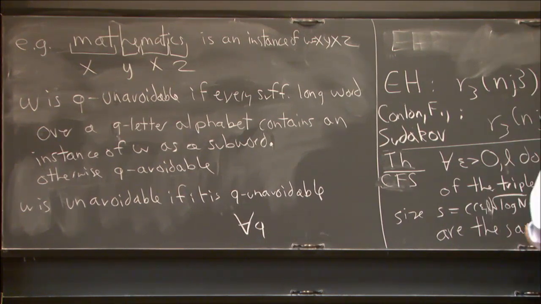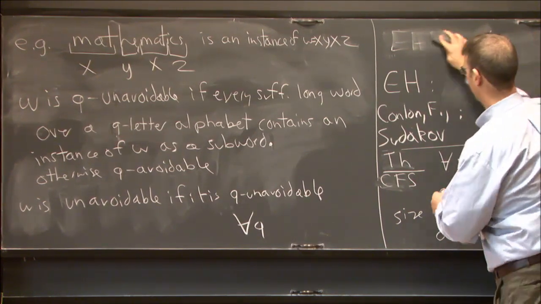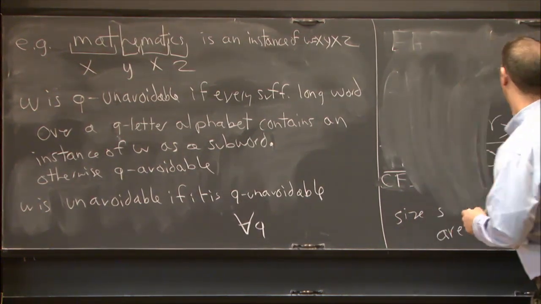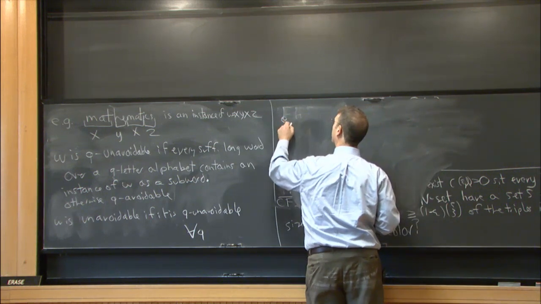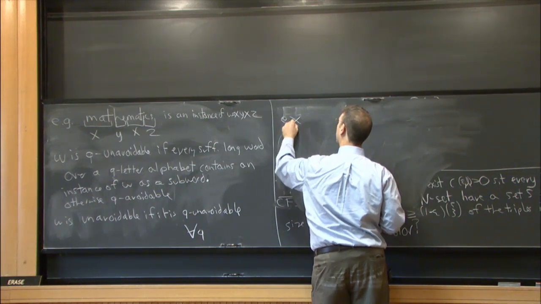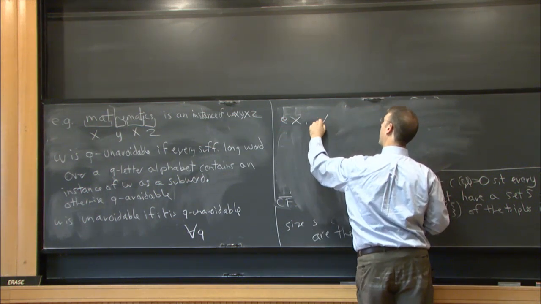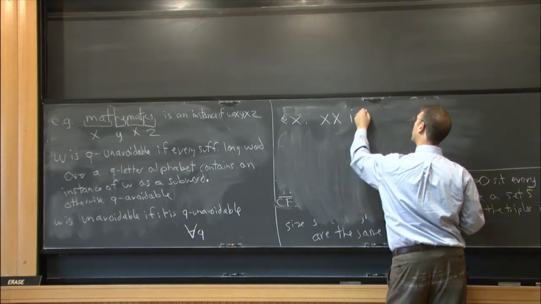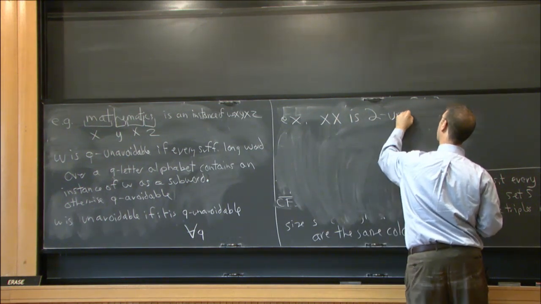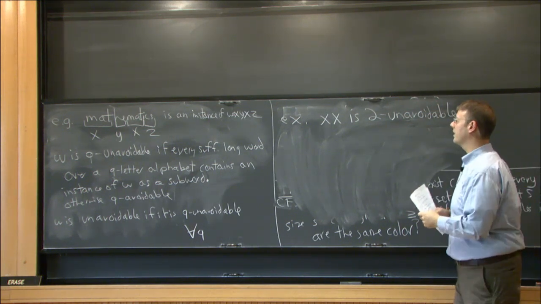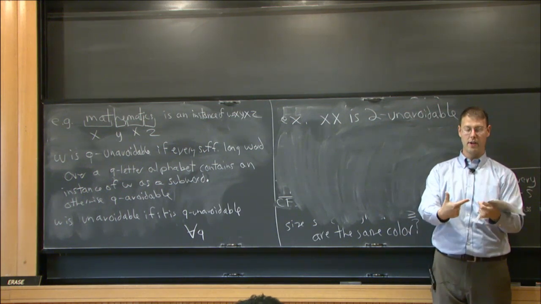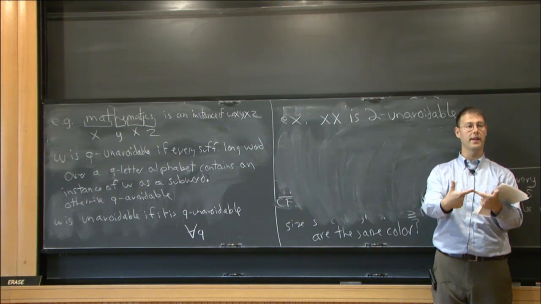So let me give another example. XX is 2 unavoidable. XX is saying that you have two identical strings.